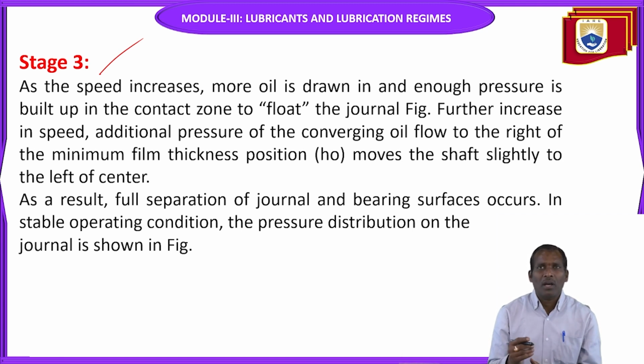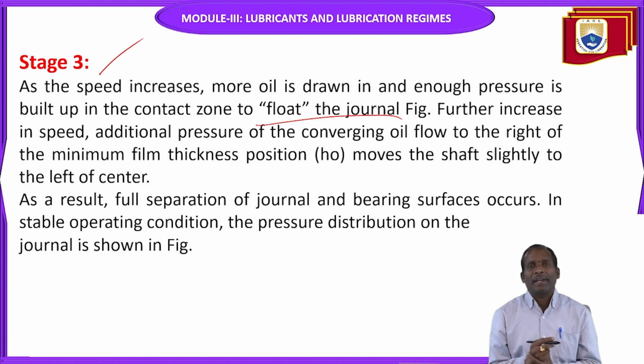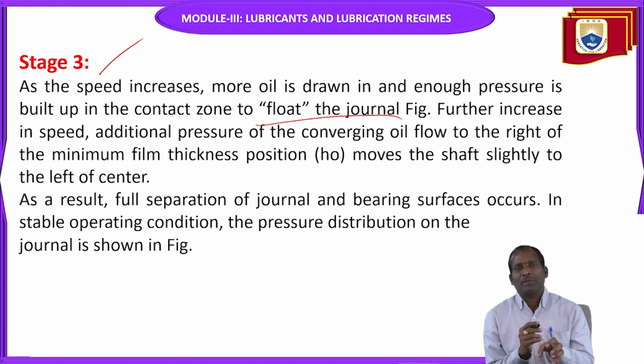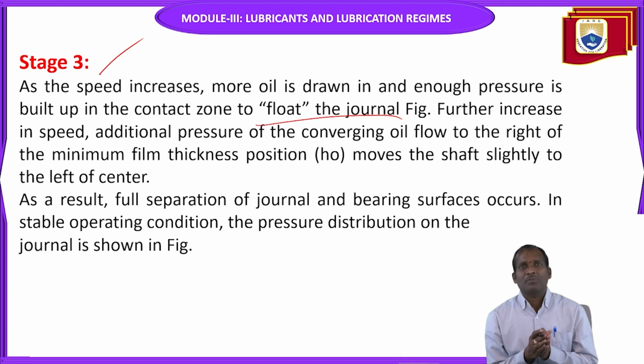What will happen? More oil is drawn in and enough pressure is built up in the contact zone to float the journal. Initially a very small amount of oil is filled, and then as the speed increases, more oil is drawn from the main supply, and the oil fills between these two contact zones, and then sufficient pressure is developed between these two contact surfaces to float the journal.